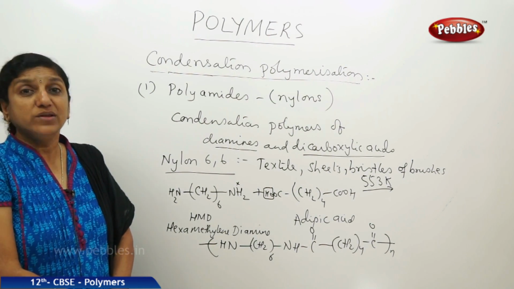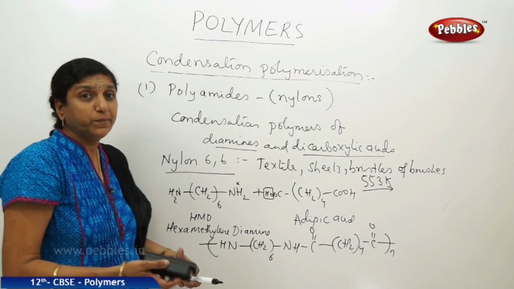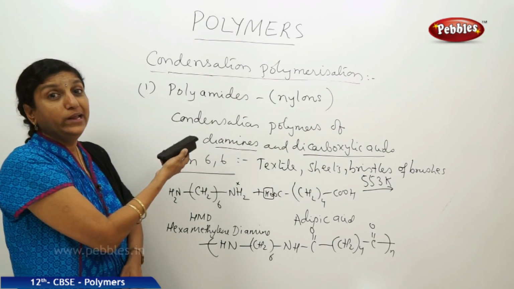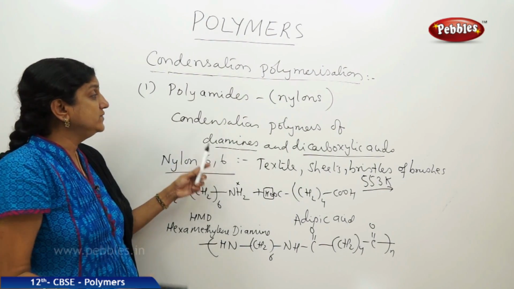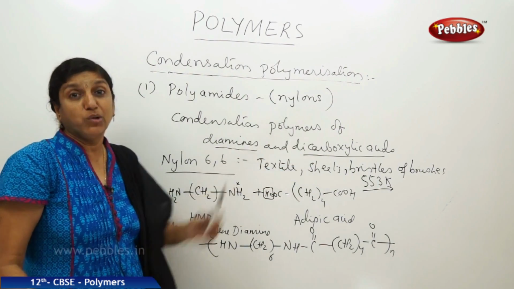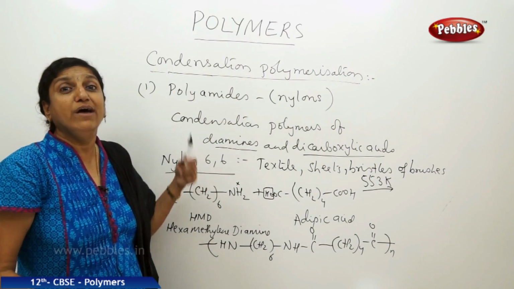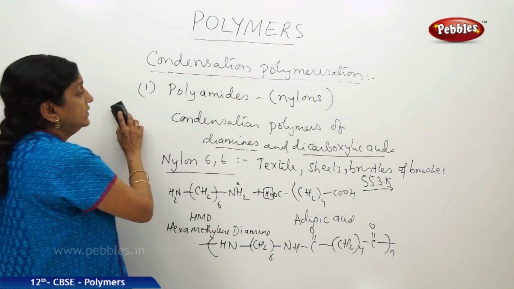Now let us see how the second example of condensation polymer is prepared. We will continue with the polyamides. As we said, polyamides are condensation polymers of diamines and dicarboxylic acid. So let us take another example where you have a polyamide present.